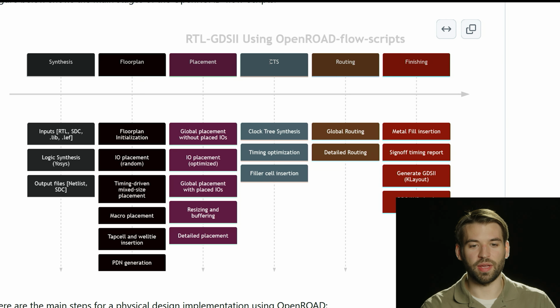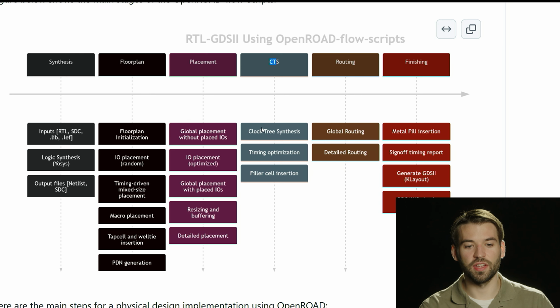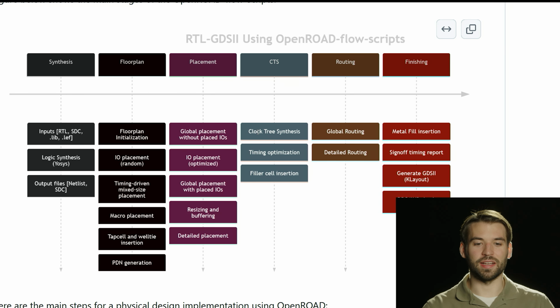Then the next step that we have in here is clock tree synthesis. Unlike in purely logical areas, we have to make sure that our clock, which is timing all of these circuits, arrives at roughly the same time at all of the registers or all of the other sequential elements in our design.